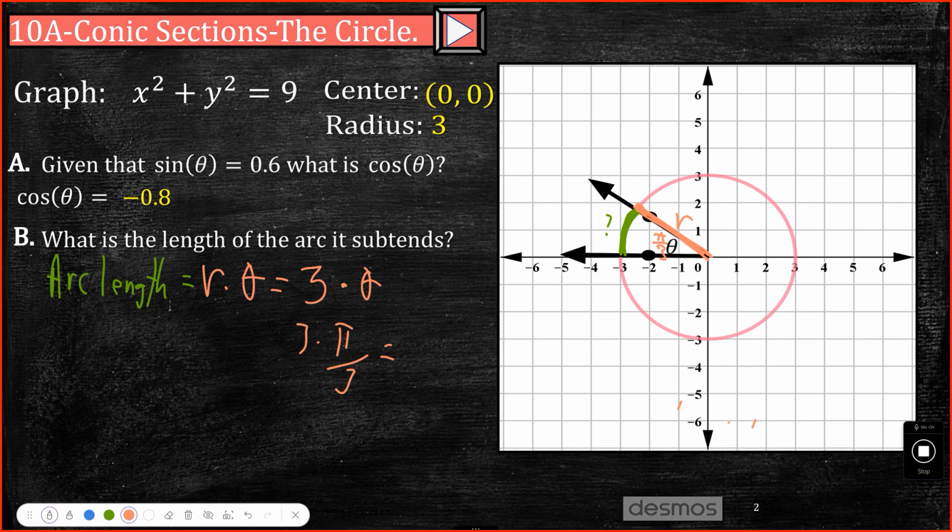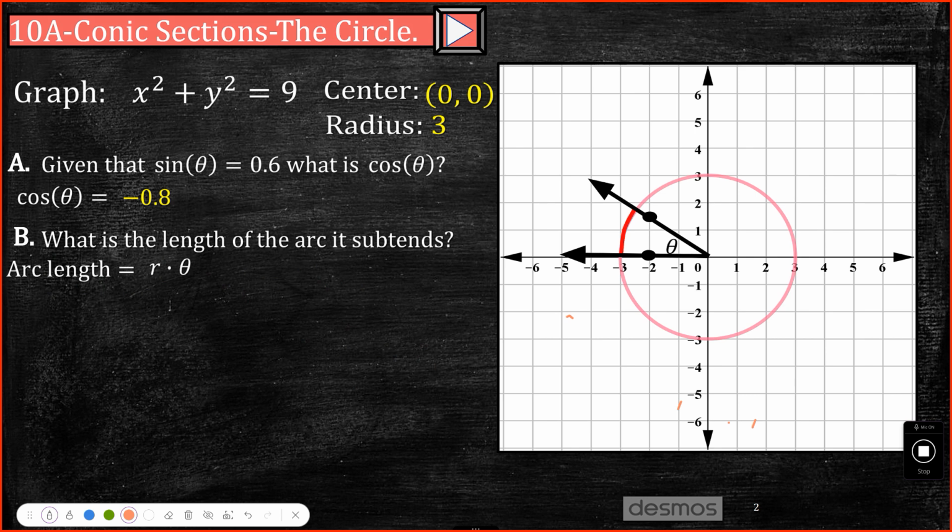Make sense? So the formula is r times theta gives you the arc length. But we don't know what this theta is, so for right now, it's 3 times theta, whatever that theta is.